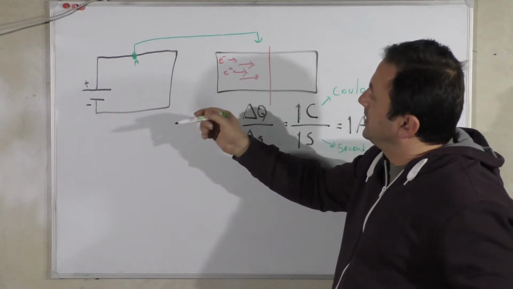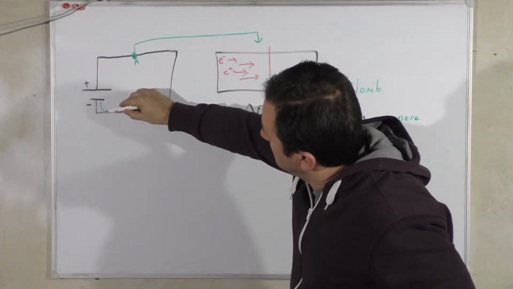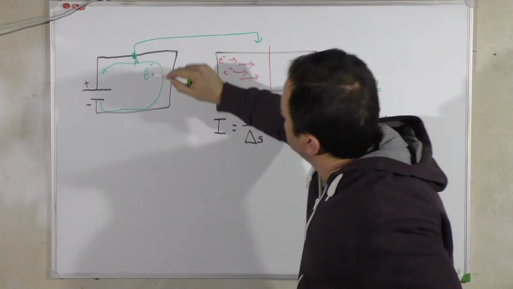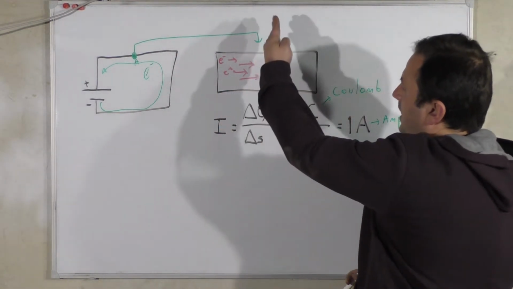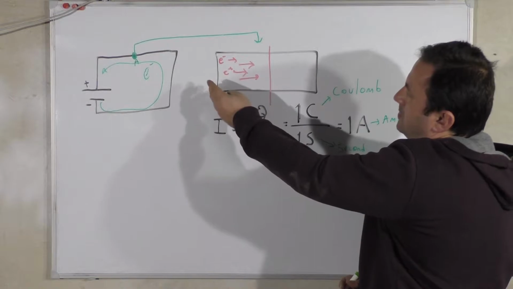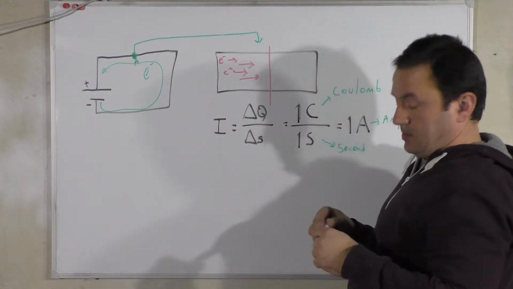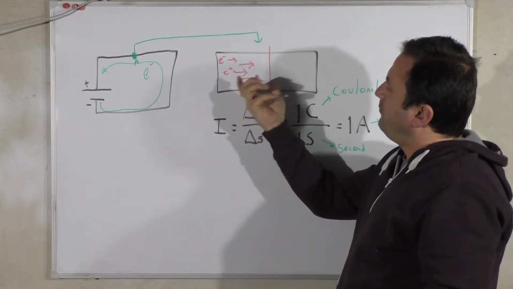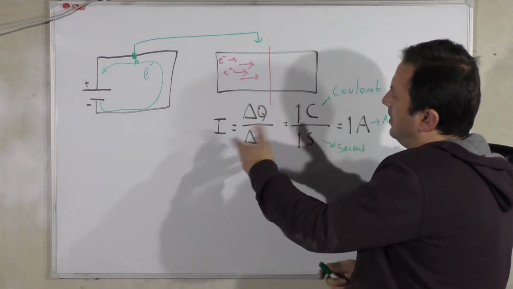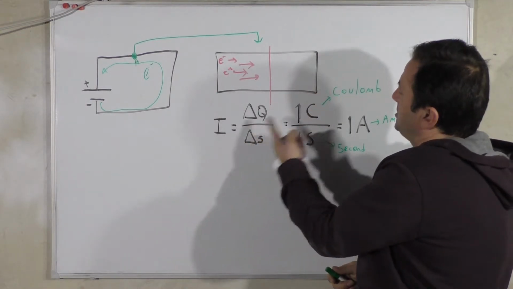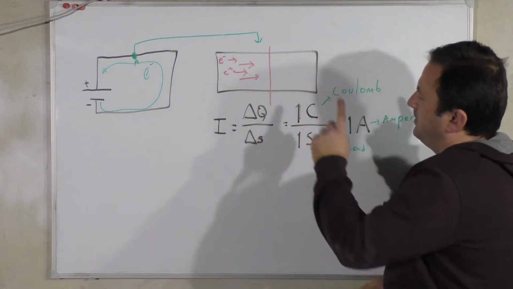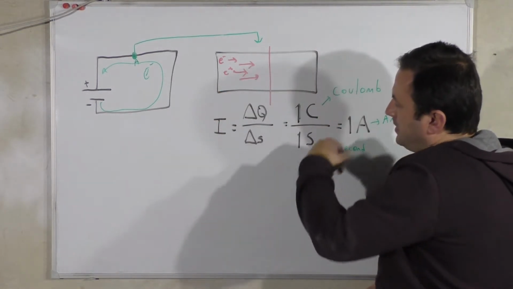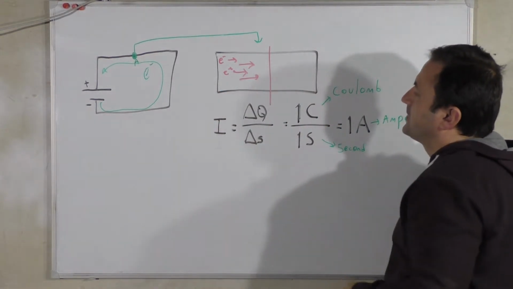So what is passing? Electrons. Here, electrons are passing through the cable. So current is how many electrons, or how much charge, is passing through the wire per unit time.